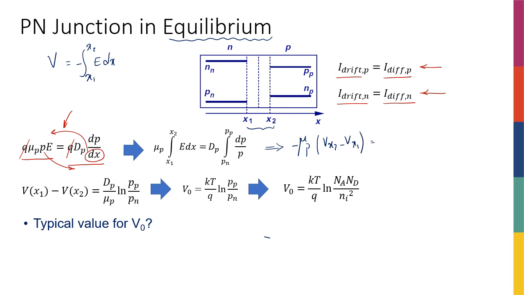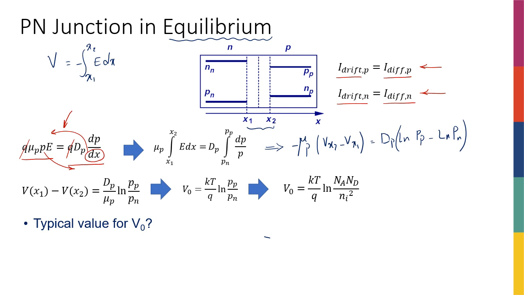Okay, on the other side, I have Dp, and the integration of 1 over p is just ln of p, from p sub n to p sub p, so this is ln of p sub p minus ln of p sub n.